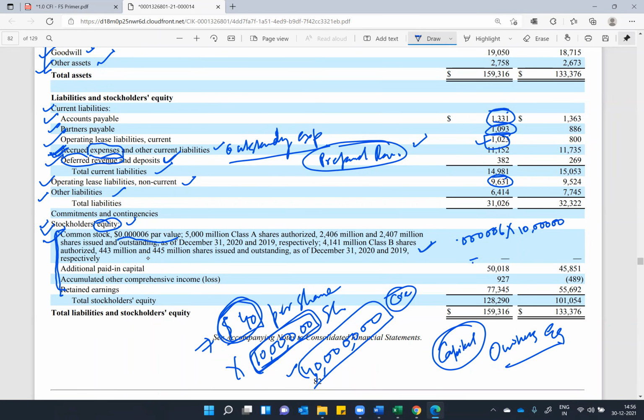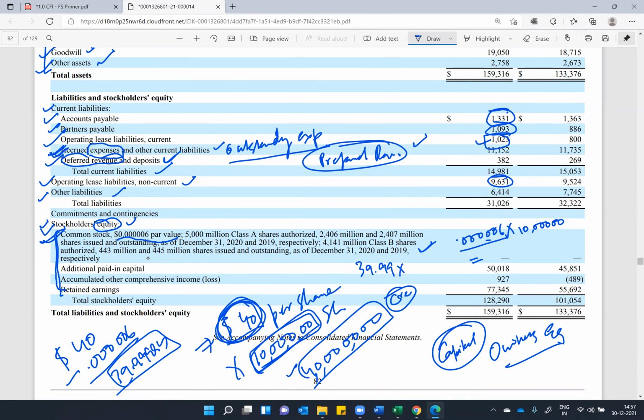That will be your common stock, right? What will happen to the remaining $40? So $40 minus 0.000006 is roughly 39.99994.